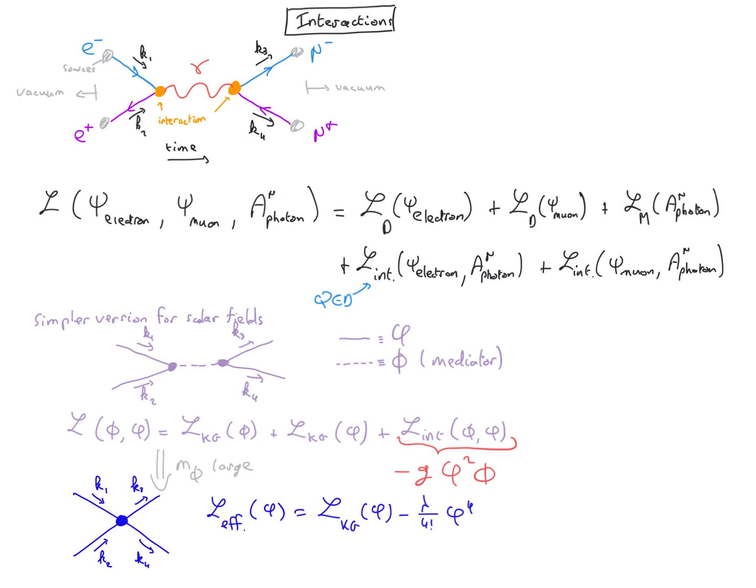And this is simpler because there is only one field, and it is a scalar field. And that's what we usually use, the phi-4 theory, in order to introduce quantum field theory with interactions, and in order to introduce Feynman diagrams and perturbation theory.